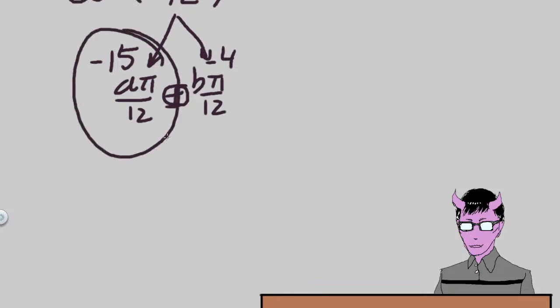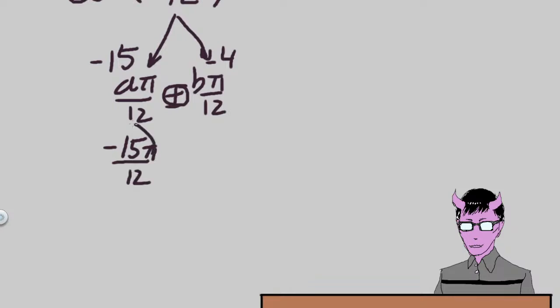So this one is going to be negative 15 pi over 12, which simplifies, top and bottom divisible by 3, so negative 5 pi over 4. And then the second term is negative 4 pi over 12, and that one we can simplify into negative pi over 3.